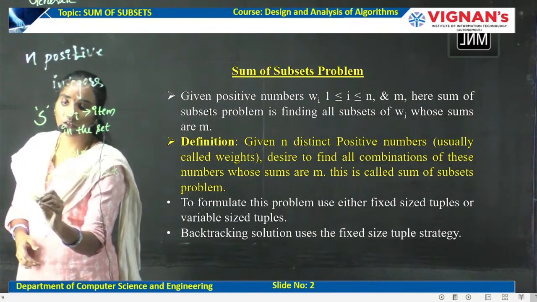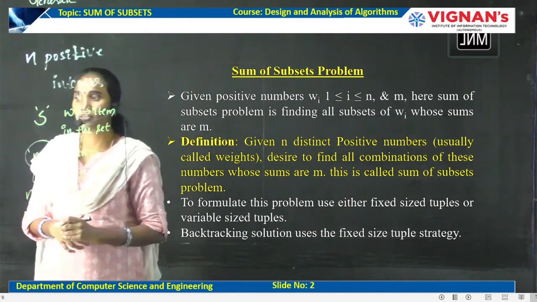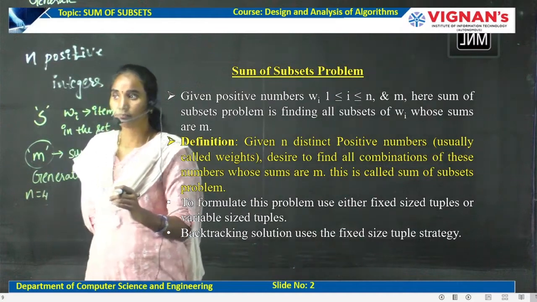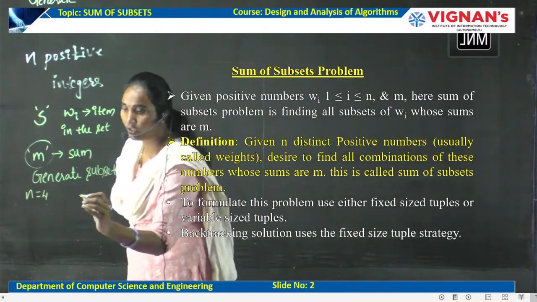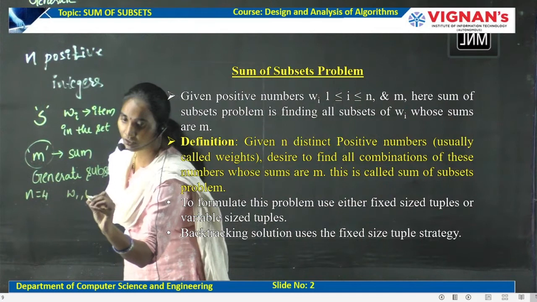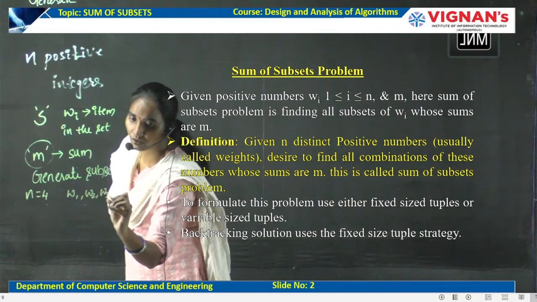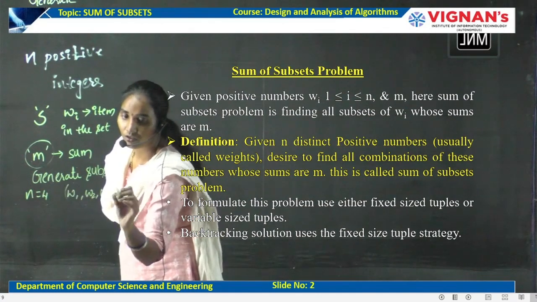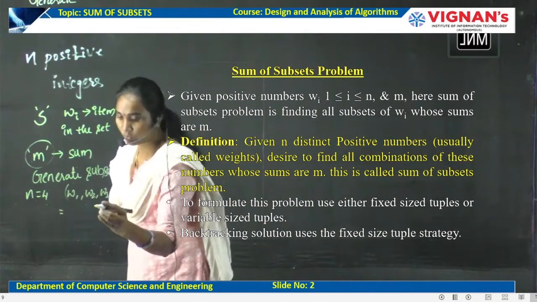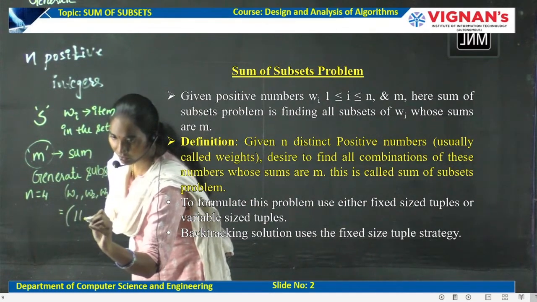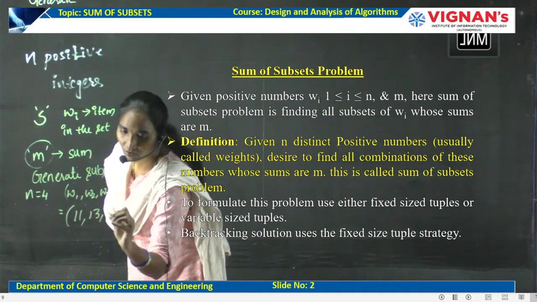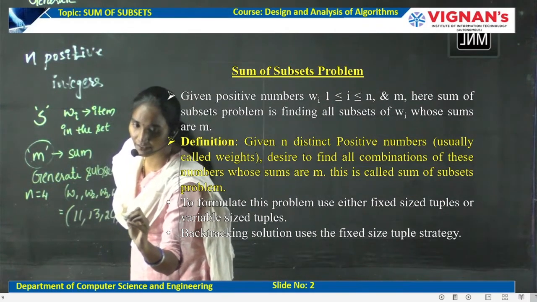N is equal to 4, and W1, W2, W3 and W4 are equal to 11, 13, 24 and 7.